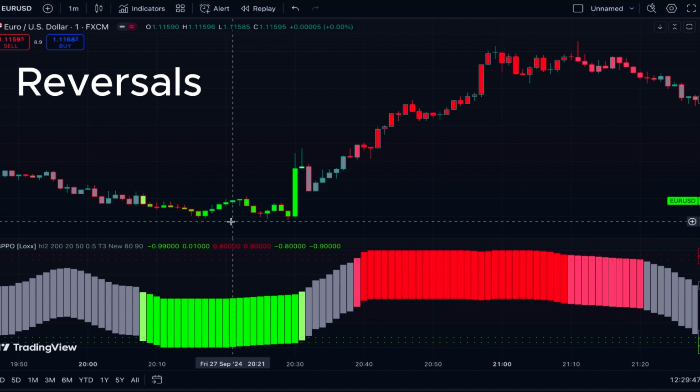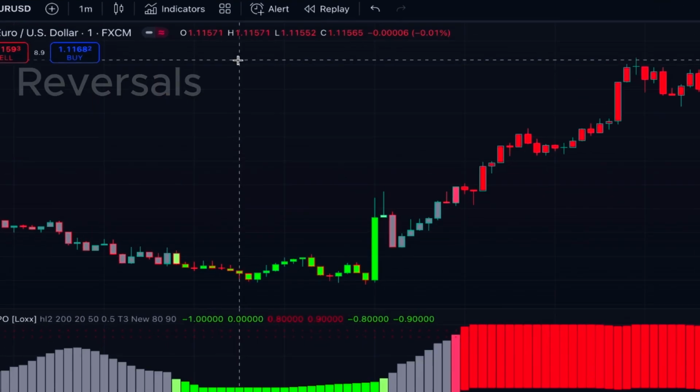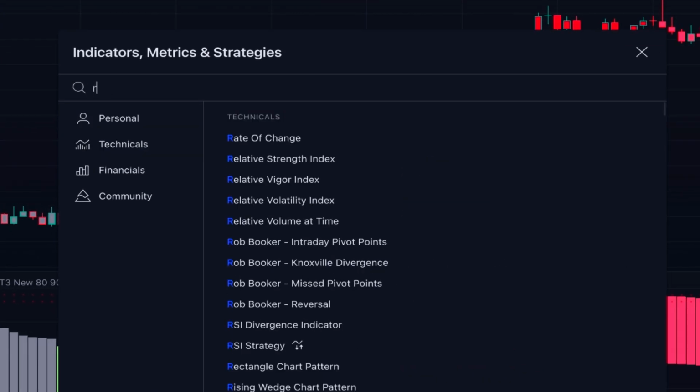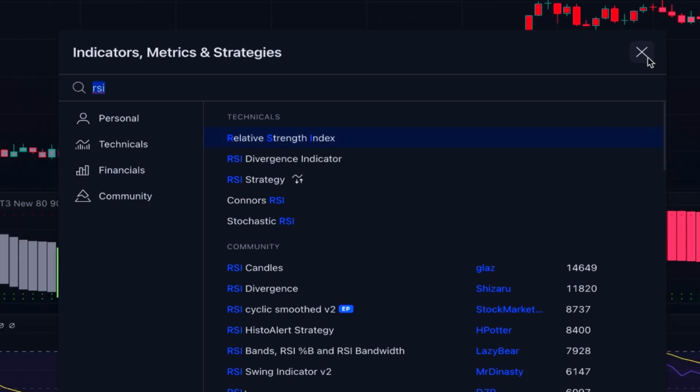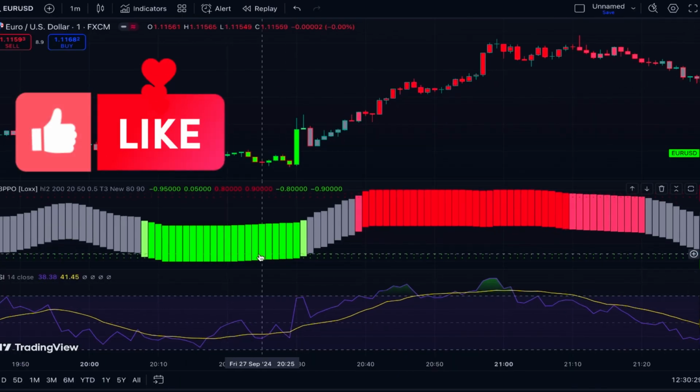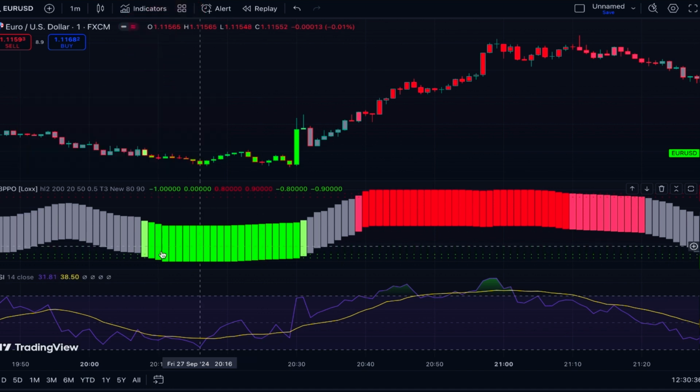To show you an example how this should be used in practice, here I click on indicators and I search RSI, this one, relative strength index, and by the help of these two indicators we can effectively identify reversals in the market. When this indicator becomes dark green, it is not an instant signal for entering in the market, but it can remain in this situation for an extended period, as I mentioned earlier.